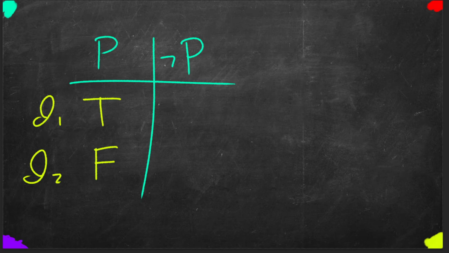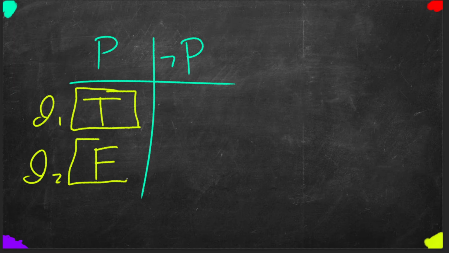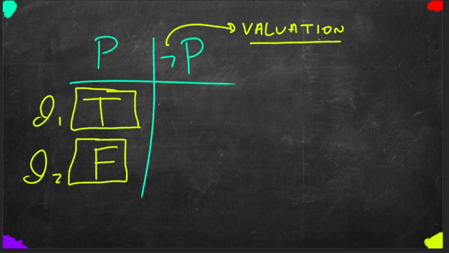The next thing to note is that, given that we have a truth value assigned to P here, what this negation signifies is a particular valuation, a particular way of taking a truth value assigned to a formula or a proposition and outputting another truth value.